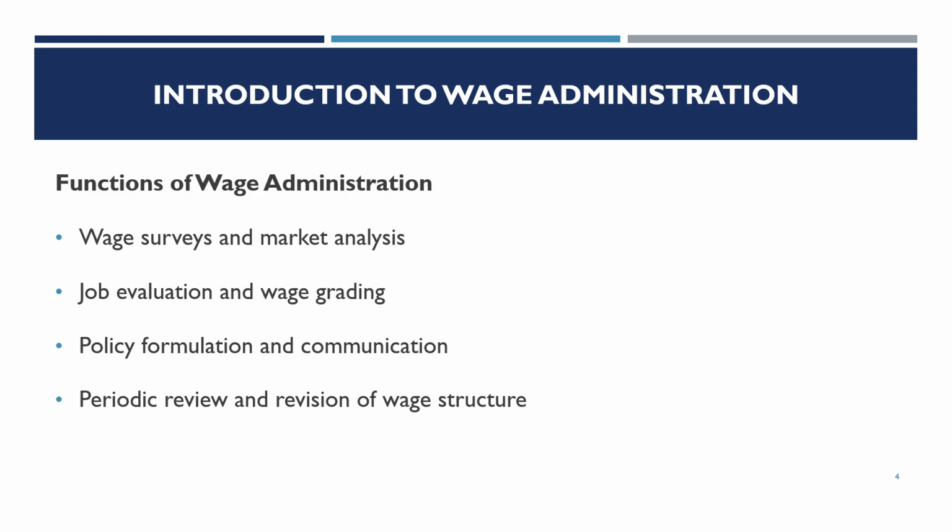Second is job evaluation, which is the process of ranking the jobs based on responsibility, skill level, and complexity. That is wage grading. And the third is establishing the pay grades and salary ranges.